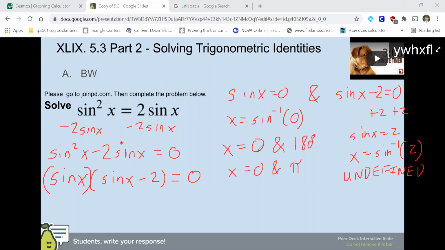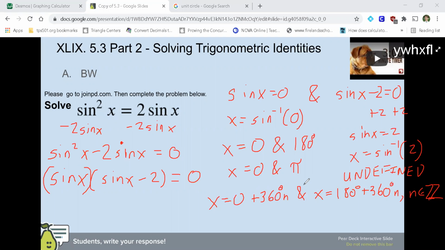All right, so we could write our answer then as x equals 0 plus 360 degrees N, and x equals 180 plus 360 degrees N, where N is an integer. But there is an even easier way to write this answer, right?